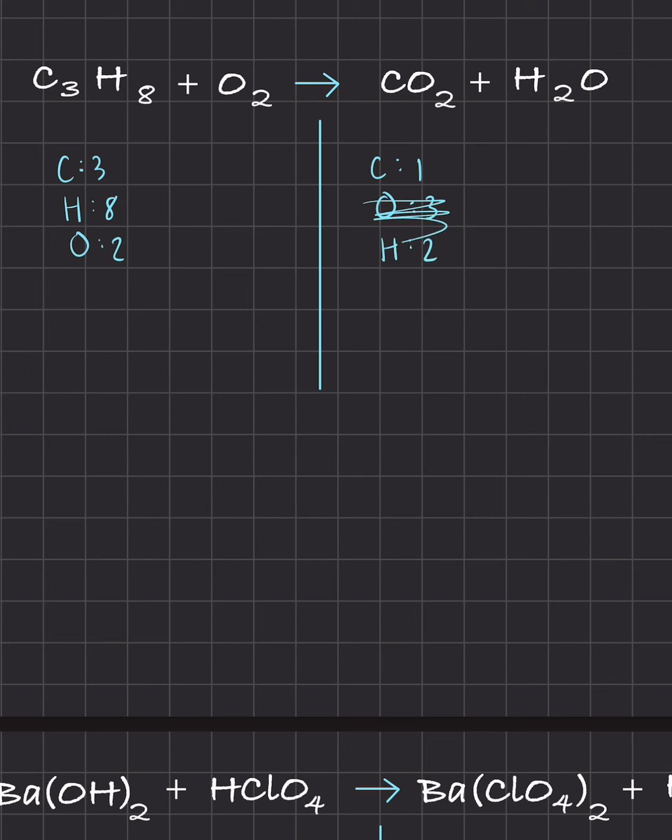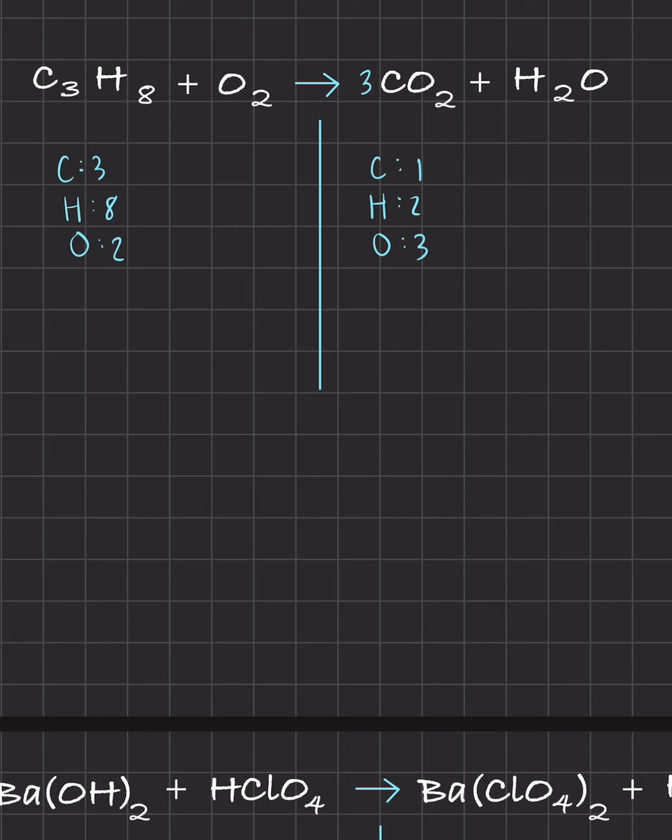Actually, let me rewrite because I'm going to have them in the same order. Okay, so now I need to match. How can I get these sides to match? Well, you know that you have 3. So you kind of have to play with it.